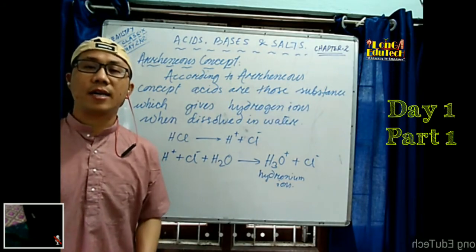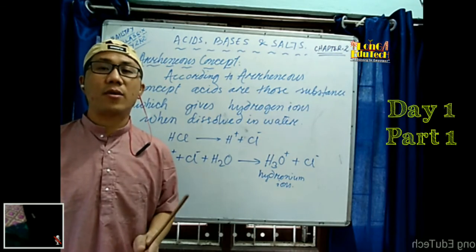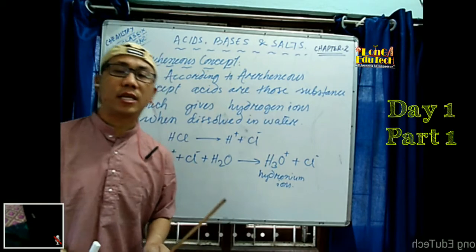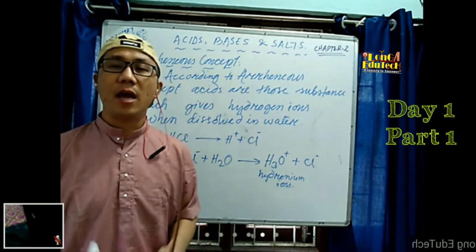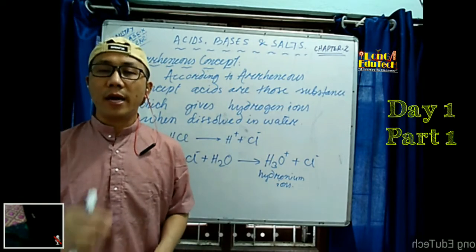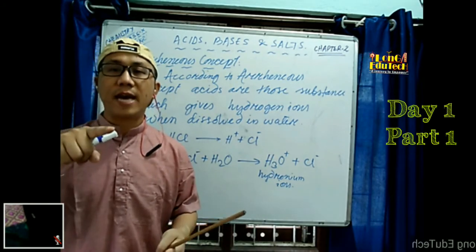Another concept is known as the Bronsted-Lowry or Lowry-Bronsted concept. According to this concept, he defined acid as those substances which can donate a proton. Proton means positively charged.